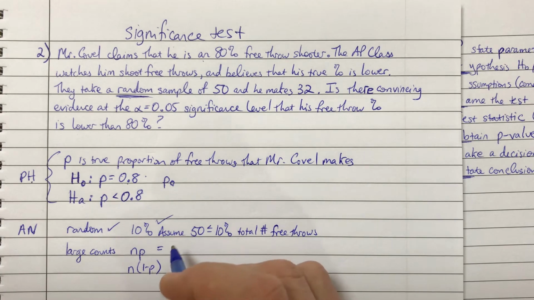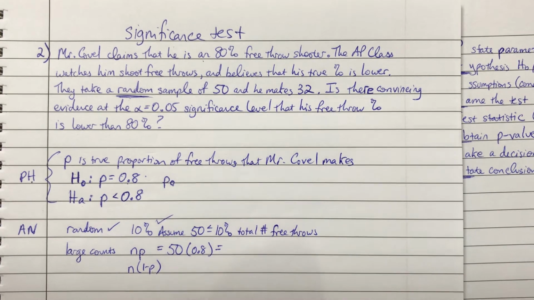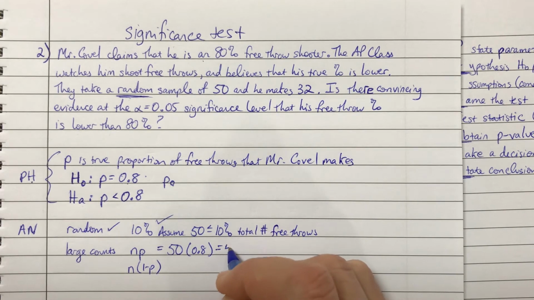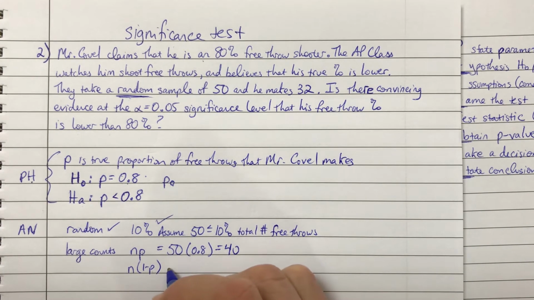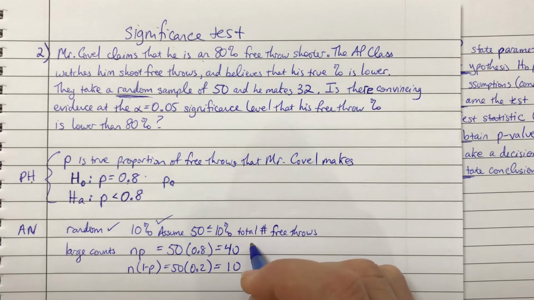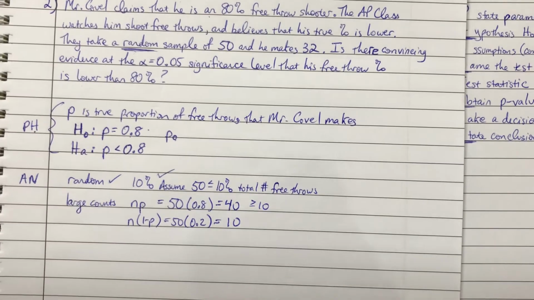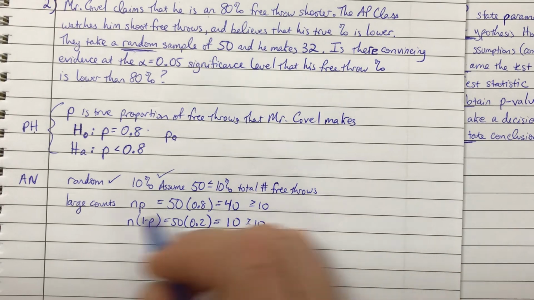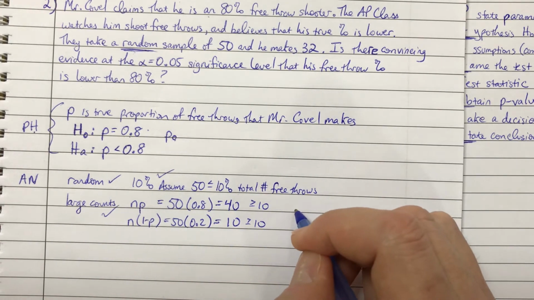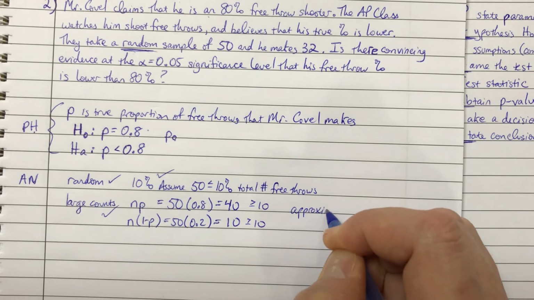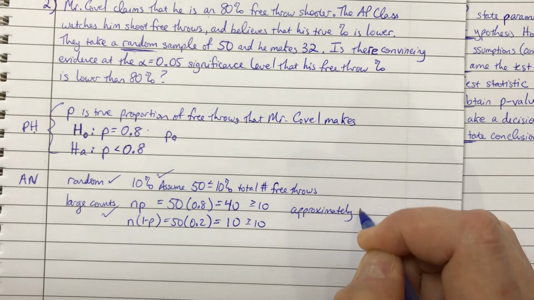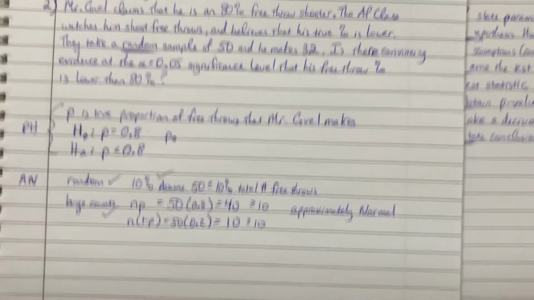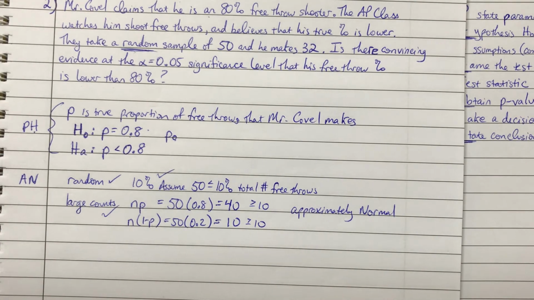So we are going to use 0.8, 50 free throws times 0.8, and that gives us 40. n times 1 minus p, 50 times 0.2, is going to give us 10. Both of those are greater than or equal to 10. So yes, the large counts works, which means we can say that our distribution is approximately normal. Okay, that's really important that we're able to say that.